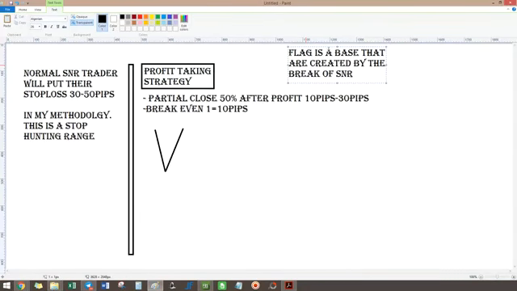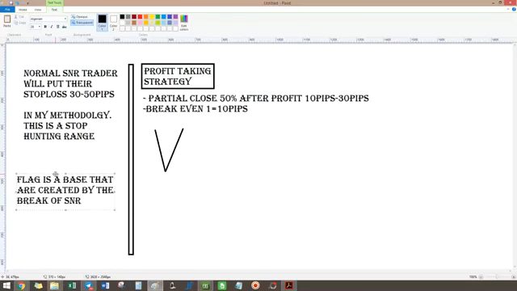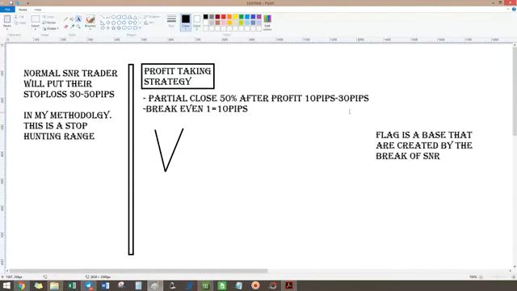This is the flag theory. Please note down this flag theory. Quite important, not quite, very important.